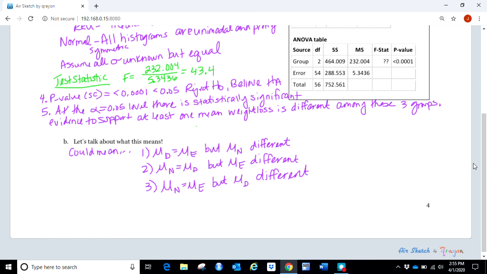Or all of the means could be different. Right? Each thing that we just listed off falls into that category of at least one mu or mean is different.